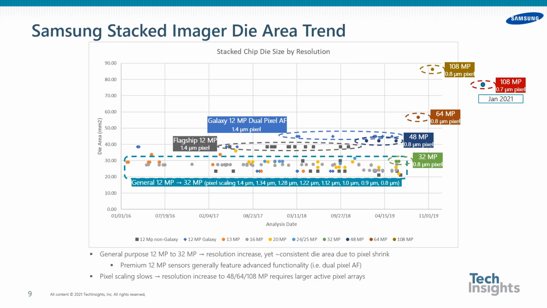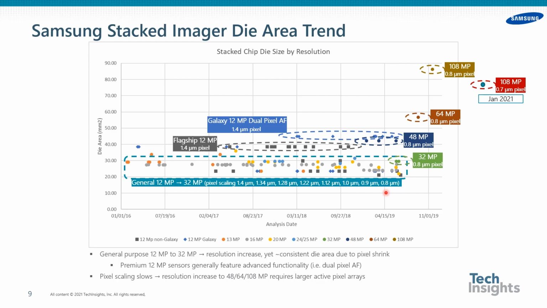We believe that the trend was slow to increase because there were two competing effects. So essentially, while sensor resolution was increasing, pixel pitch was also decreasing at the same time. And here we point out that the pixel pitch has essentially scaled from 1.4 microns all the way down to 0.8 microns over the span of about 2.5 or 3 years.